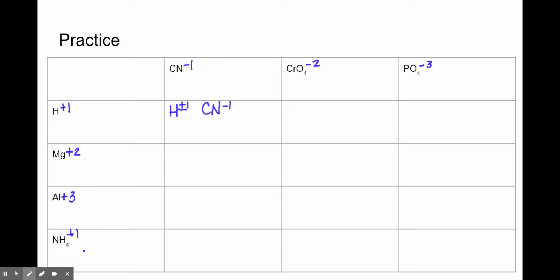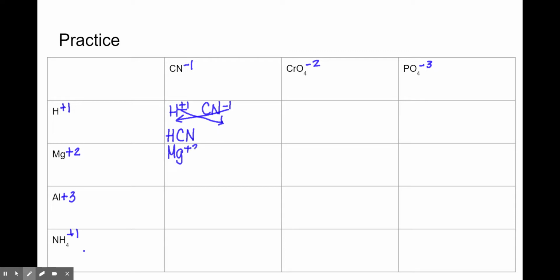I'm going to cross down my charges. We do not write the 1, remember. And then we have CN. This is 1, so I do not need parentheses, and I don't write my 1.